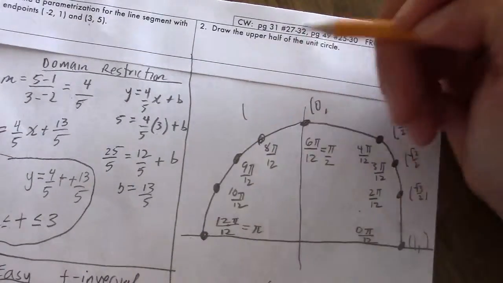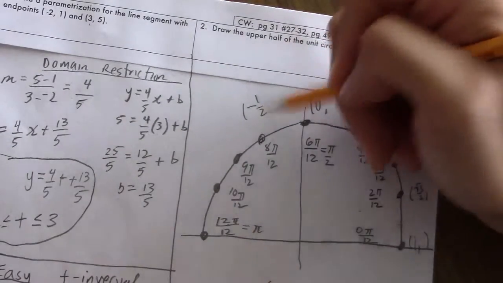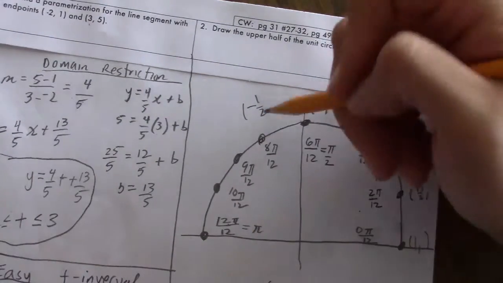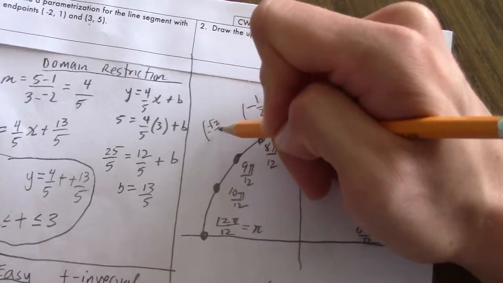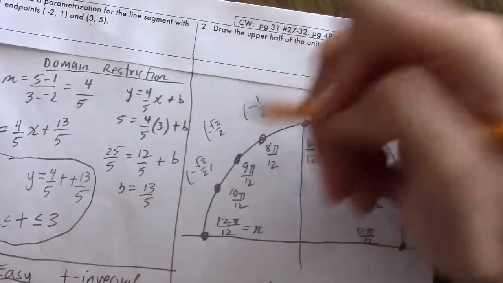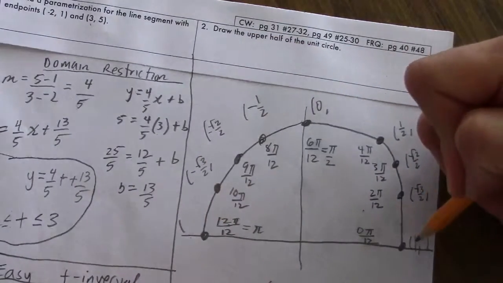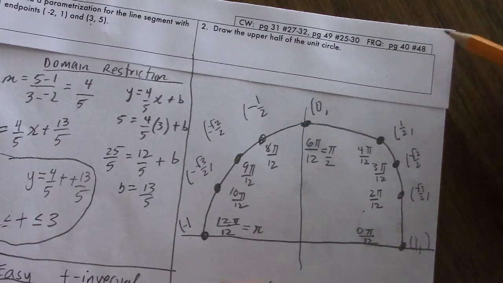These are negative x values. So negative 1/2. So notice the pattern here. So 1/2, the next one is going to be root 2 over 2, but negative. And then root 3 over 2, negative. And then remember the pattern, that was a positive 1, now it's negative 1. So those are the x values.